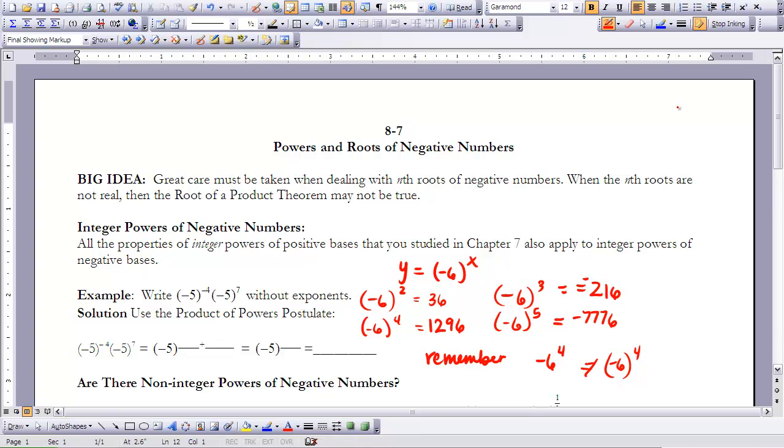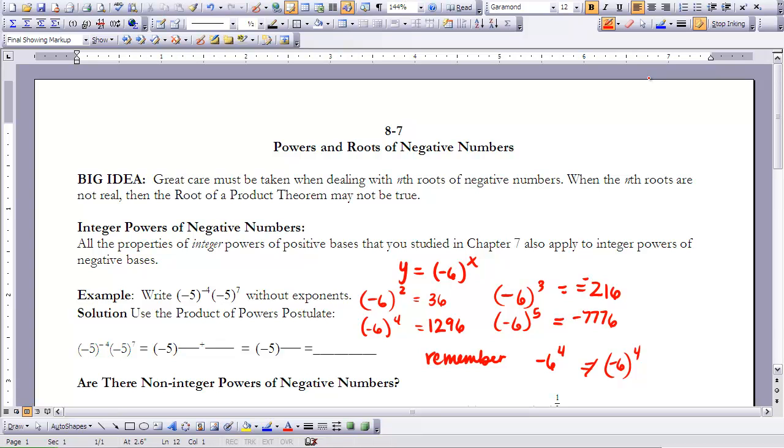Let's try one more example working with negative bases. Here I have negative 5 to the negative fourth power times negative 5 to the seventh power. We can use our same product of powers postulate that we worked with in Chapter 7, so we can take our exponents and add them.